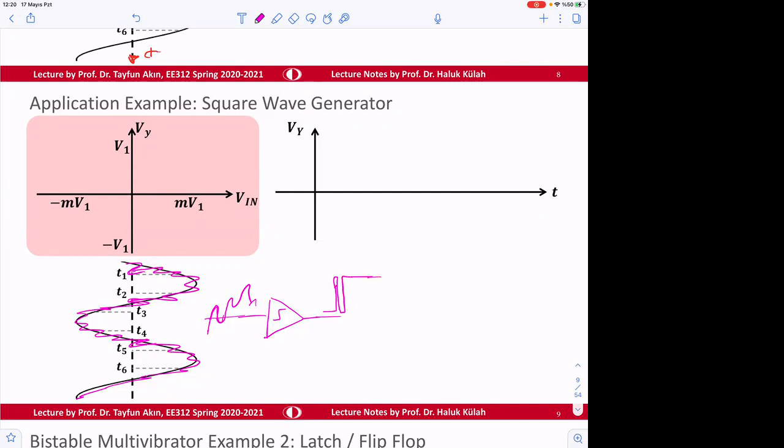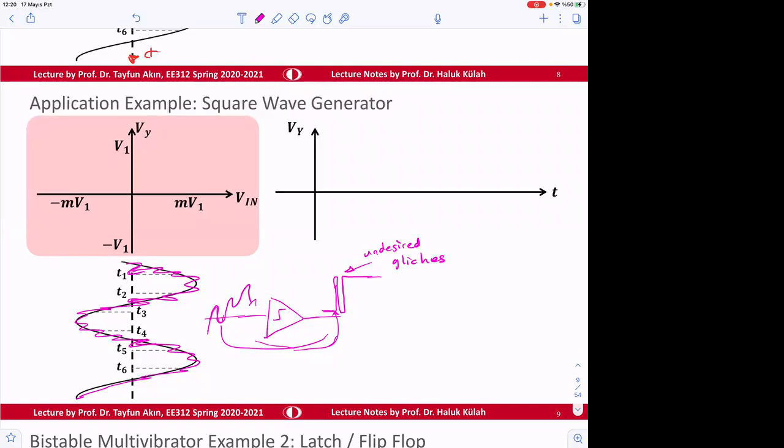I mean, this would be causing maybe a jitter, glitches could be caused.